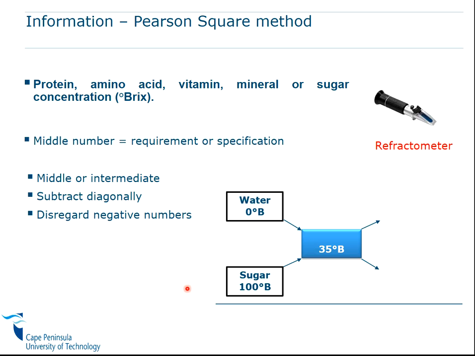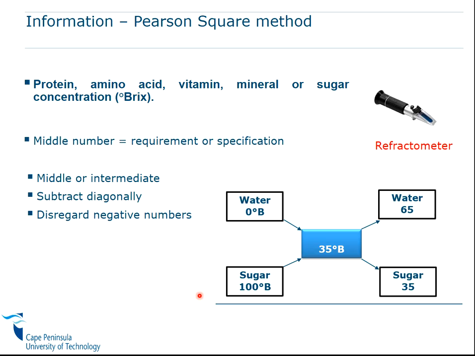Number 2, when we have the Pearson square method, we subtract the values of what we know to the specification diagonally. In this case, you'll have 0 minus 35 or 100 minus 35. So if we say 100 minus 35, we get 65 water and 35 sugar.